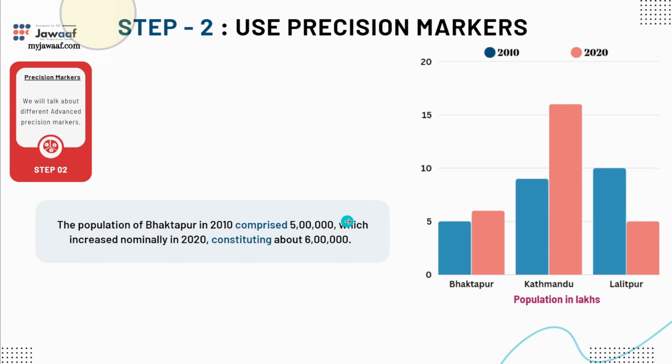Precision markers are the markers that actually mark the precision status of the data. Is it precisely 5 lakhs or is it around 5 lakhs? You need to tell that. For example, in this case, if you say that the population of Bhaktapur comprised 5 lakhs, then it will be a mistake because it is more than 5 lakhs, right? So you can say comprised around 5 lakhs. That means 4 lakhs, 5 lakhs, 6 lakhs.